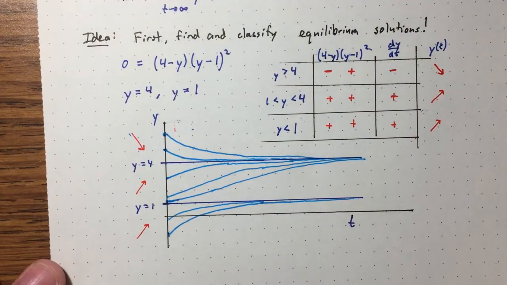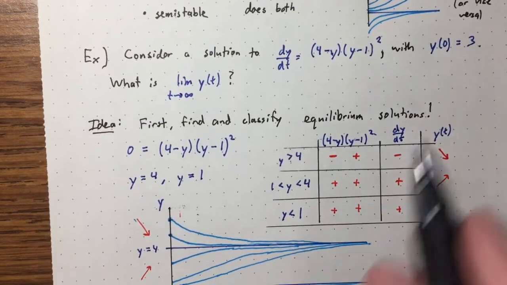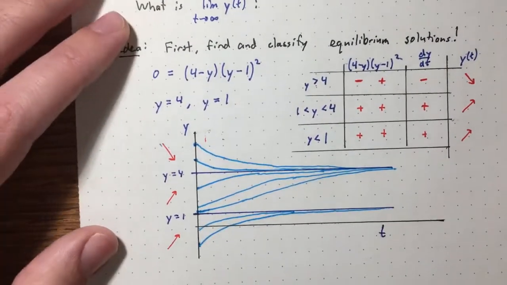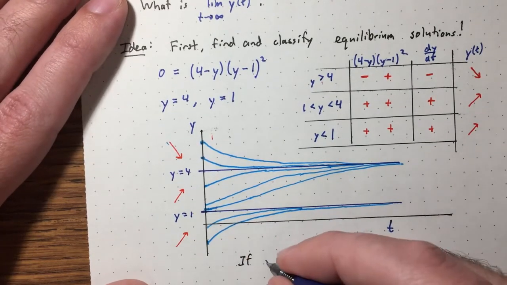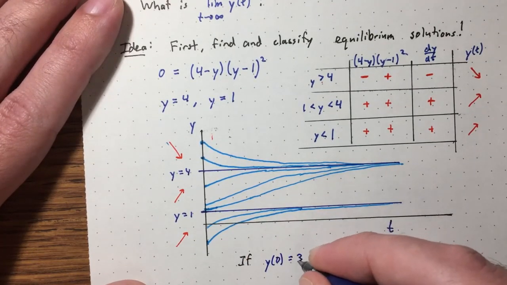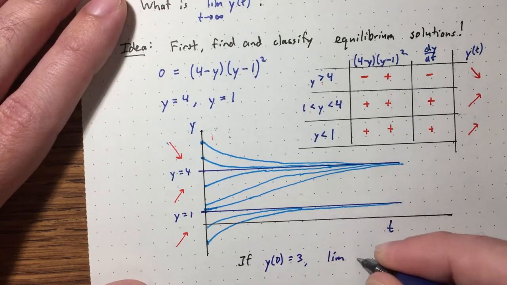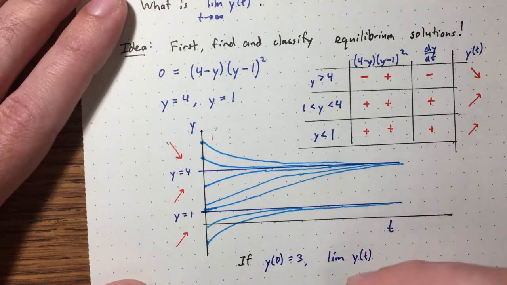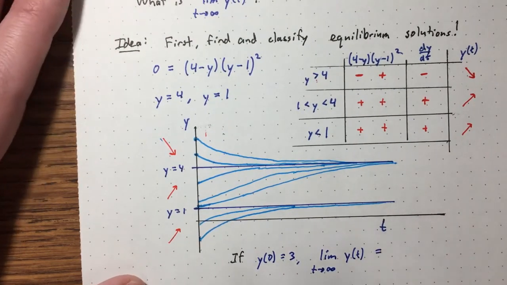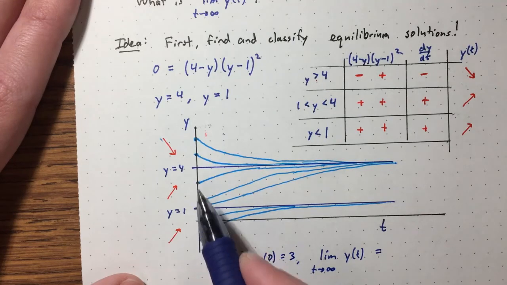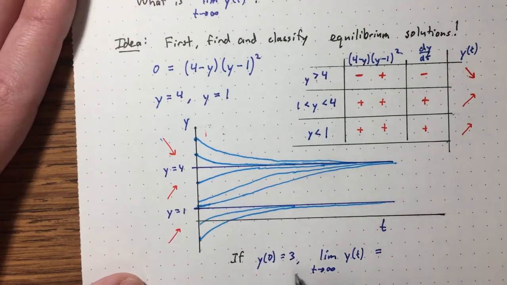And so in particular, we can answer the question we set out to answer. So if y of 0 equals 3, then what is the limit of y of t as t goes to infinity? You can see it in the picture, right? The limit, that's this one here. But it didn't matter whether I put 3 or whether I put 2.5 or whether I put 1.1.